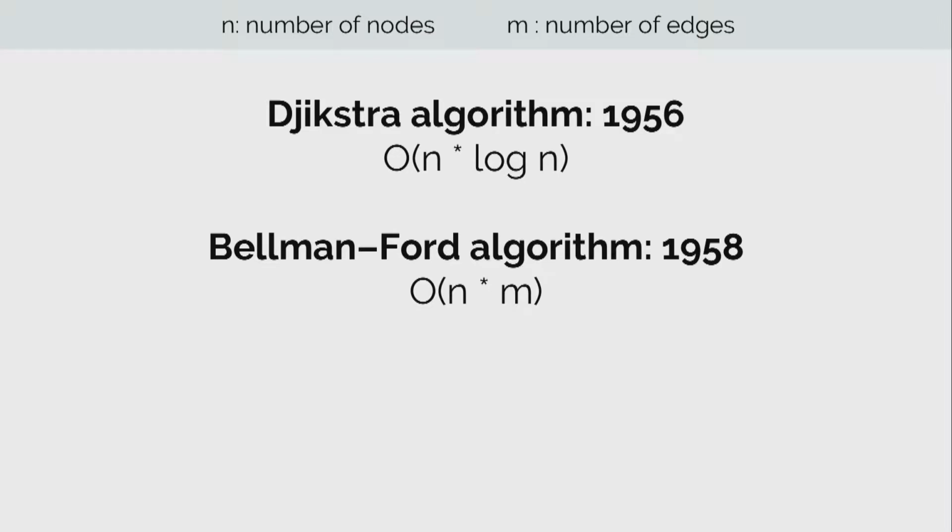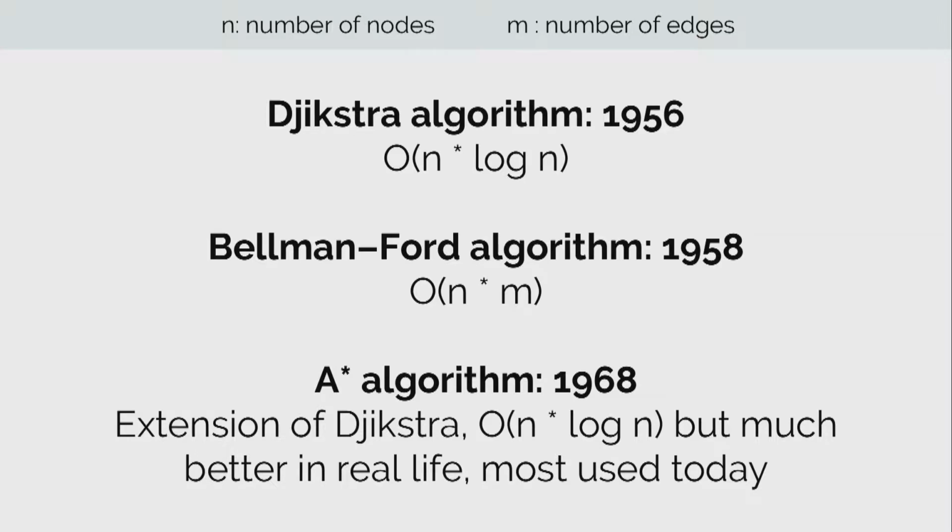It's powerful because it handles negative weights, whereas Dijkstra doesn't. And then the A-star algorithm is also famous because it's an extension of Dijkstra, which is much better in real life, even if it has the same complexity. It's the most used today because it targets the optimal solution much faster. So these are pretty much the basic algorithms we have to solve SPP, the shortest path problem.